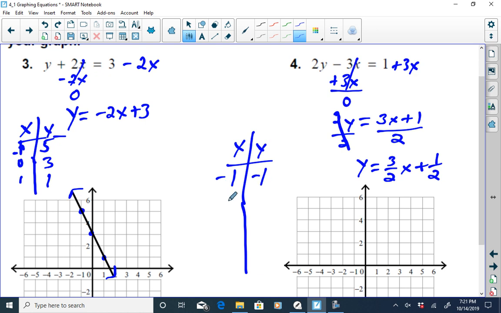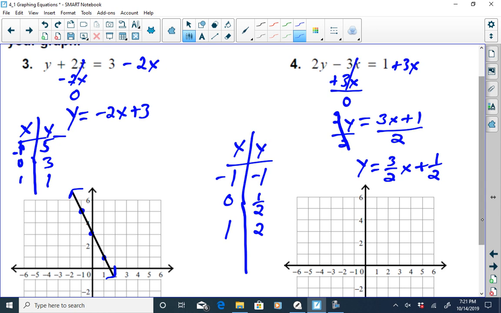Right? 3/2 times 0 is 0. 0 plus 1/2 is going to be 1/2. So 0 comma 1/2. And if we try +1, 3/2 times 1 is 1.5. 1.5 plus 1/2, that's going to be 2. So we have 1 comma 2.